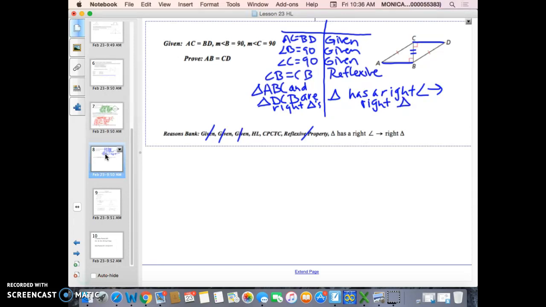Okay, so now I've proved that they're right triangles. So this is my first statement, second, third, fourth. This is my fifth statement.